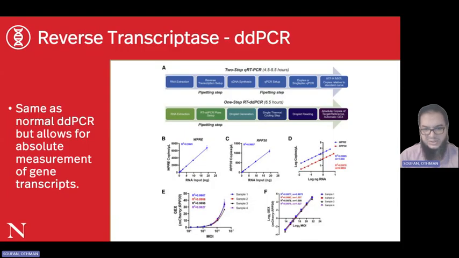So this is a very interesting idea. And once combined with reverse transcriptase, we start thinking about quantification and gene quantification of what? Of gene transcripts. So you can look here at the two-step QRT-PCR and then one-step RT, reverse transcriptase, DT-PCR, and see some of the differences here.